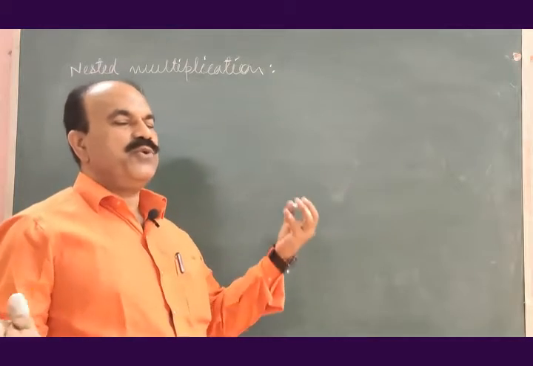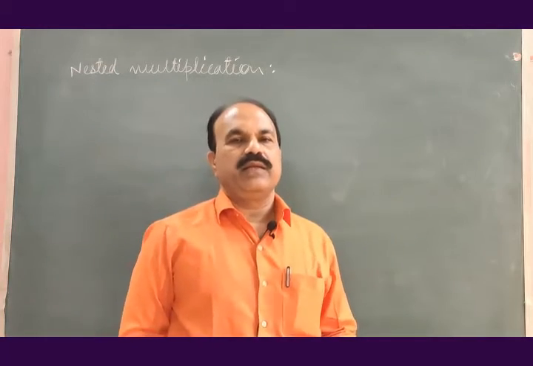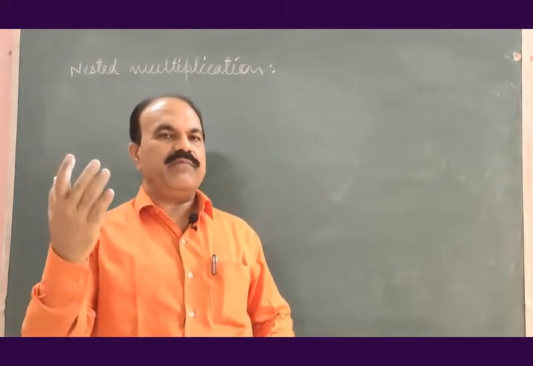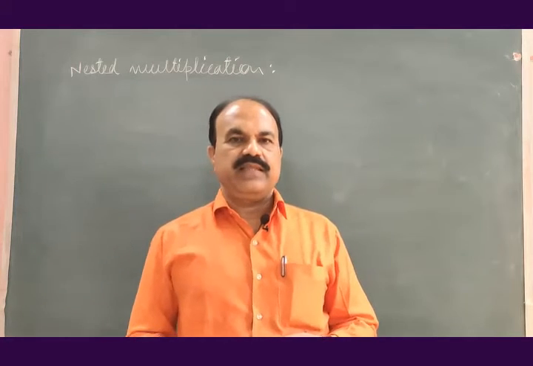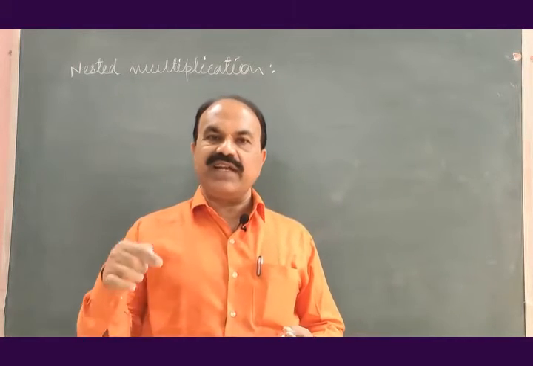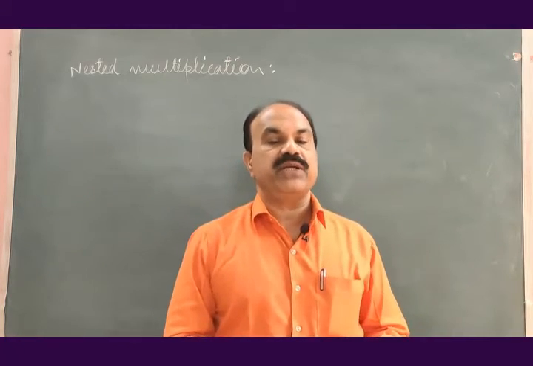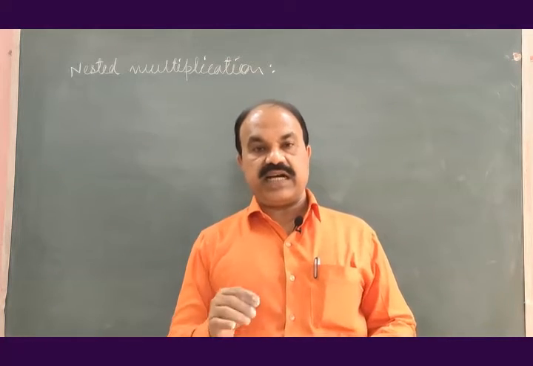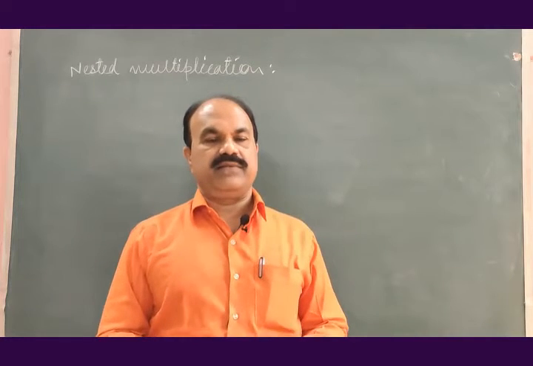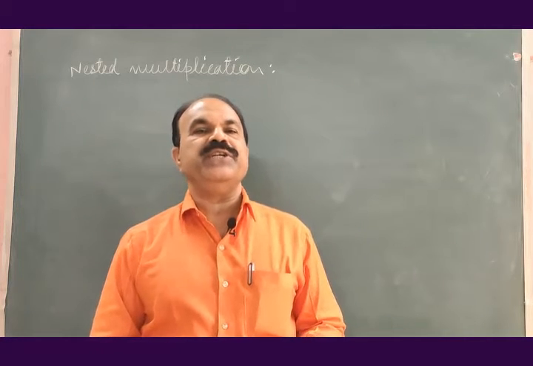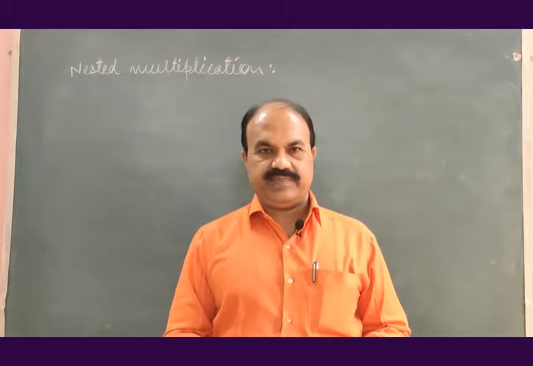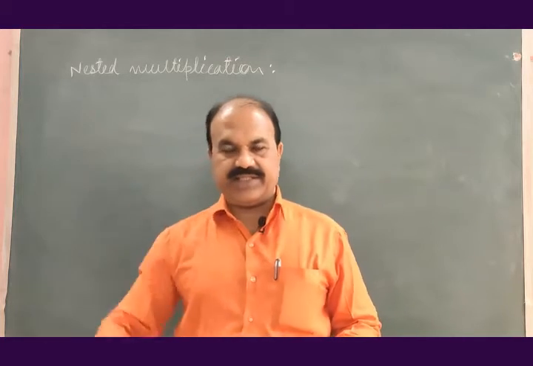Let me first tell you the procedure. Suppose you are given a binary number and you have to convert this to equivalent decimal using nested multiplication method. Start with the MSB, most significant bit. Write MSB as it is.